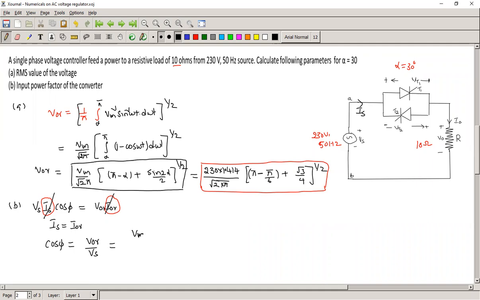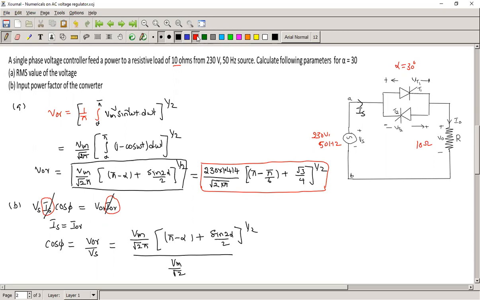That you substitute: Vm by root 2 pi into pi minus alpha plus sine 2 alpha by 2, power 1 by 2. Vs is nothing but the RMS input voltage, which we are converting into the maximum value, Vm by root 2.